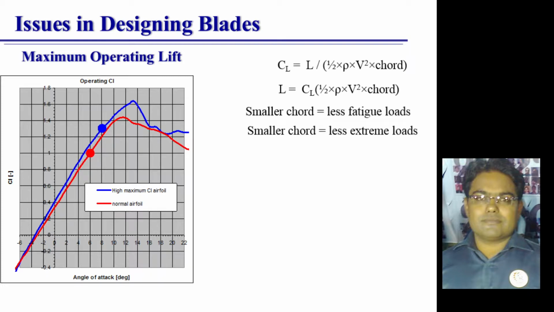If we look at the maximum operating lift, this blue line is the high maximum CL airfoil, and this is the normal airfoil. A normal airfoil, as used on aircraft, may go up to a CL below or near 1.4. But for wind turbine blades, we always look for a maximum CL production airfoil, going more than 1.6.